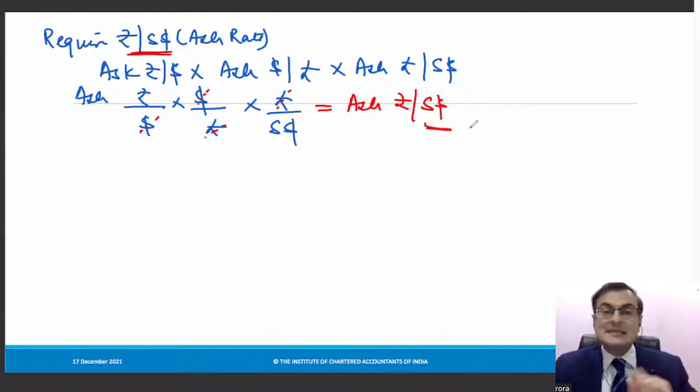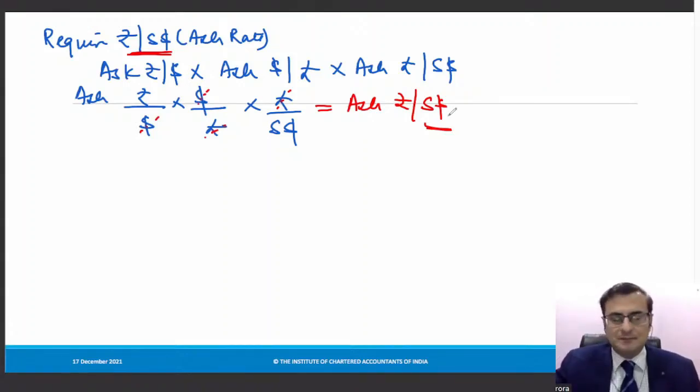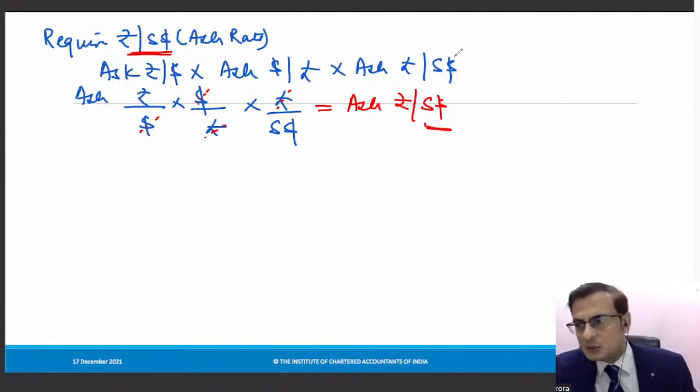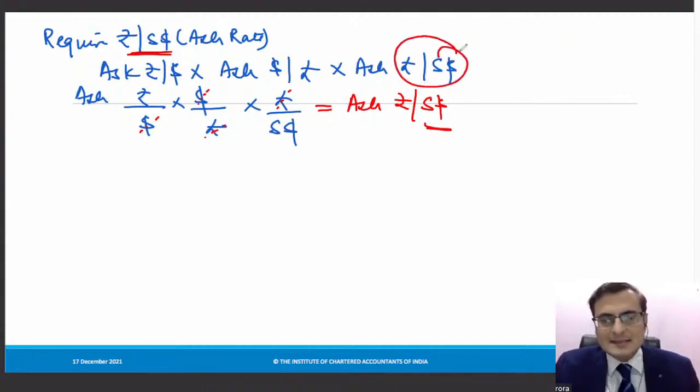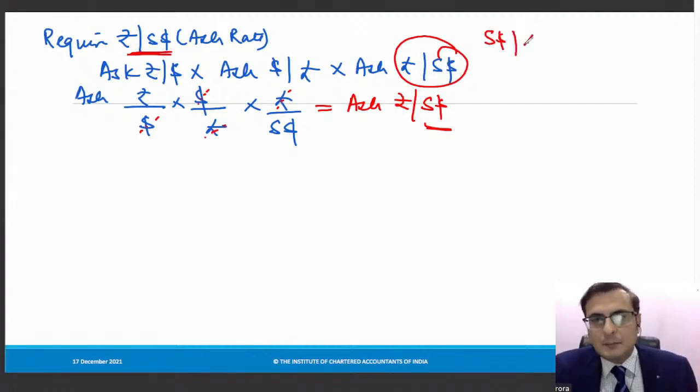Again telling you why this is the base currency, because our working will be based on Singapore dollar. So I'll just have to multiply, right? Clear? But how can I do that? This is not given to me. The one which is given to me is Singapore dollars per pound.